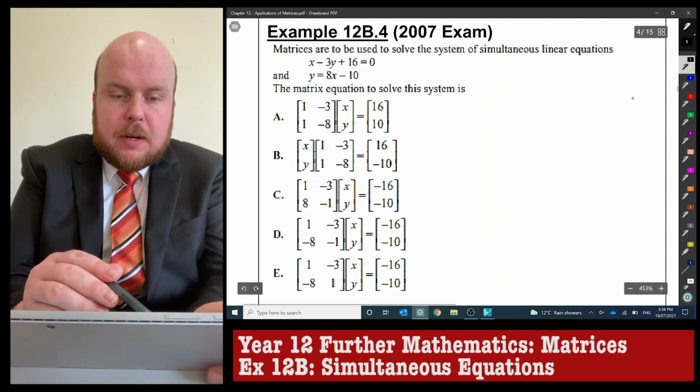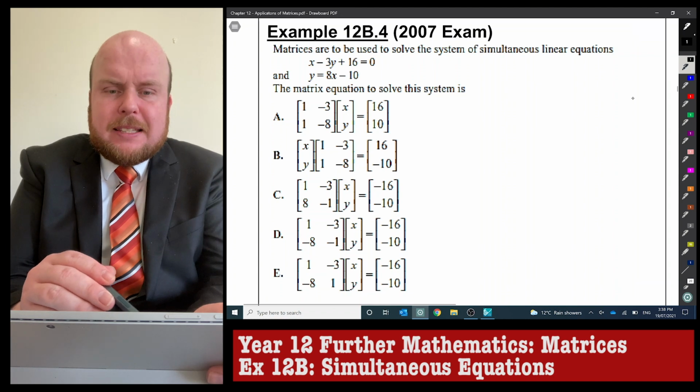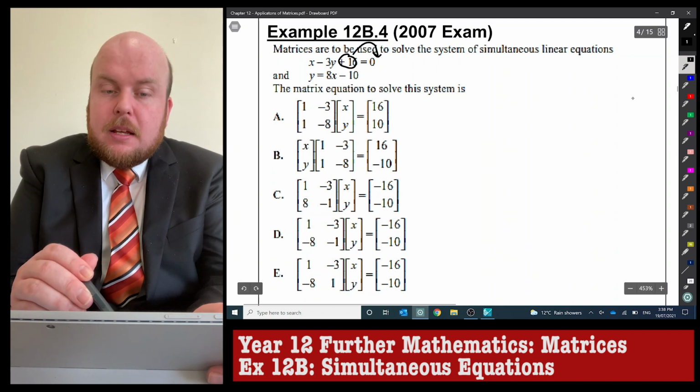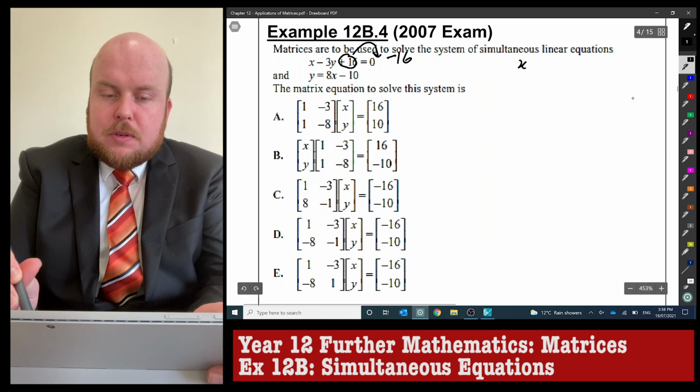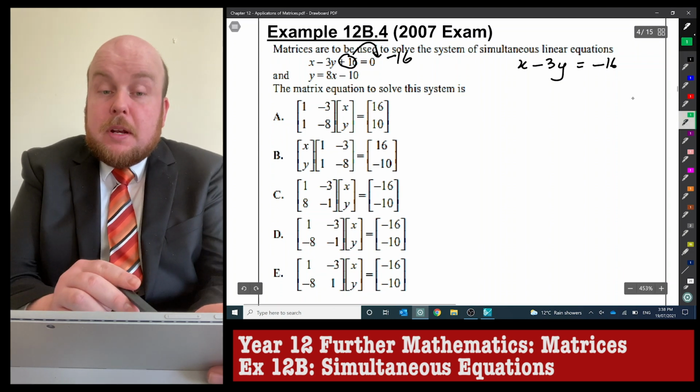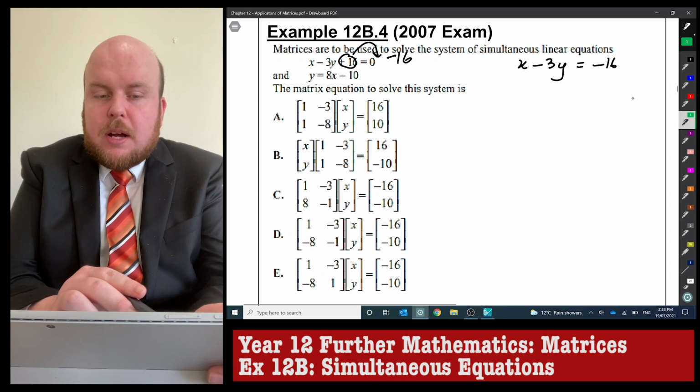So for this first one, this x minus 3y, we've got a plus 16 sitting there on the left. We need to move that to the right. It's plus 16, so the opposite of that is going to be minus 16. So my first line should actually look like x take away 3y is equal to -16. The one at the bottom, I've got letters on the right and on the left.